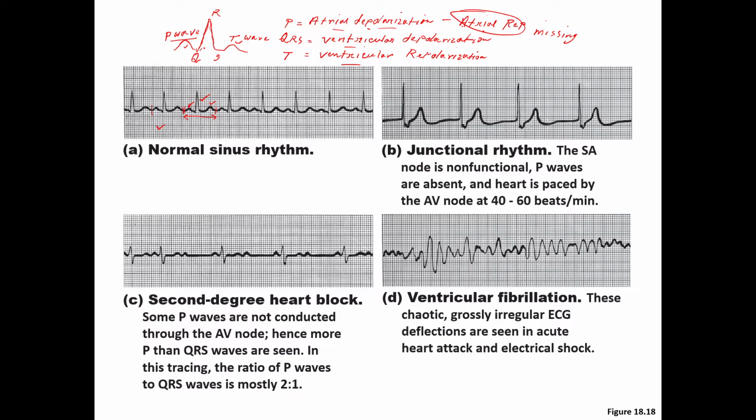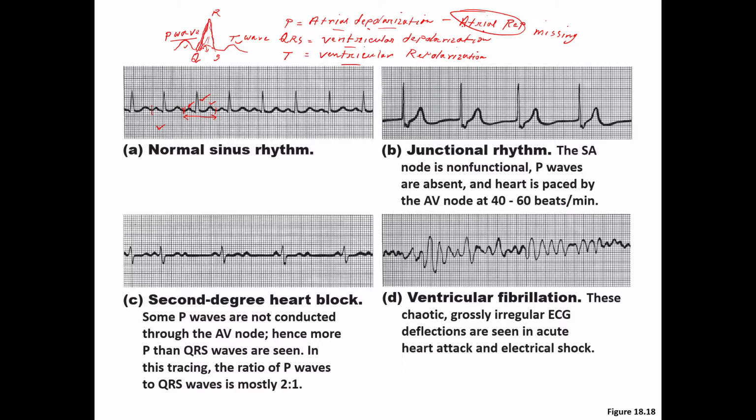However, when atrial relaxation occurs, at the same time ventricular contraction occurs. Atrial relaxation is very weak, and ventricular contraction pumps the blood to the outside of the heart, so it is a very strong contraction. So this one is buried in the ventricular contraction.